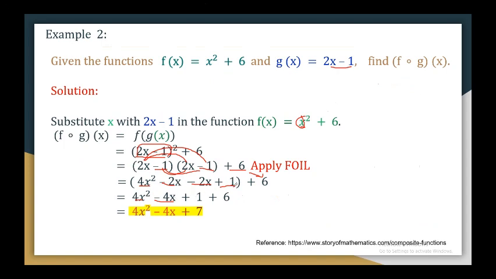And then for the last term, we have positive 1. And then we still have another one, which is positive 6. Now let us simplify our answer. You have 4x squared, negative 4x. Then we have the constants 1 and 6. We can combine these together. We have positive 7. Now the solution is 4x squared minus 4x plus 7.